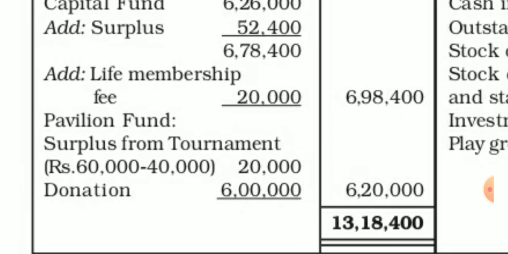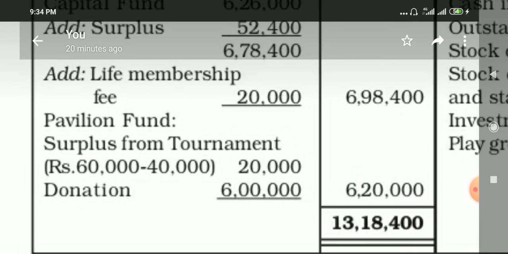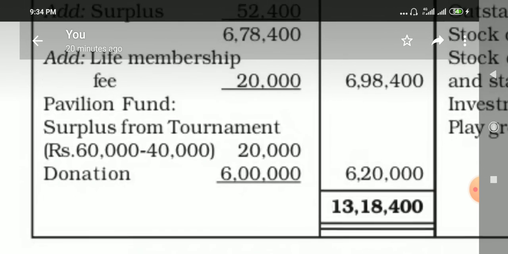Then surplus from tournament fund 60,000 less 40,000, because tournament expense is given 40,000, then the difference amount is 20,000, and donation 6 lakh. The total amount comes 6,20,000.